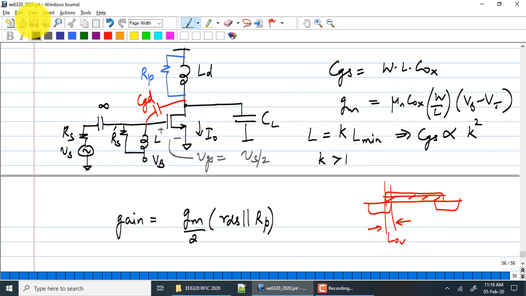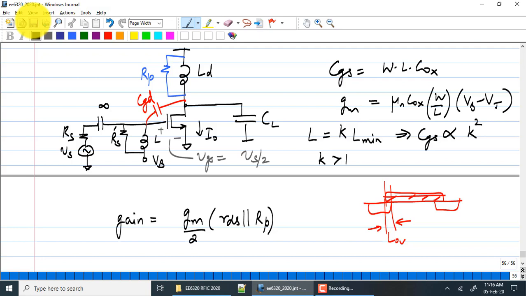Why is this a problem for us? CGD, depending on how you look at it, is giving you either a feed forward or a feedback path. Effectively you are going to cause instability in the device because the amplifier is no longer unilateral.